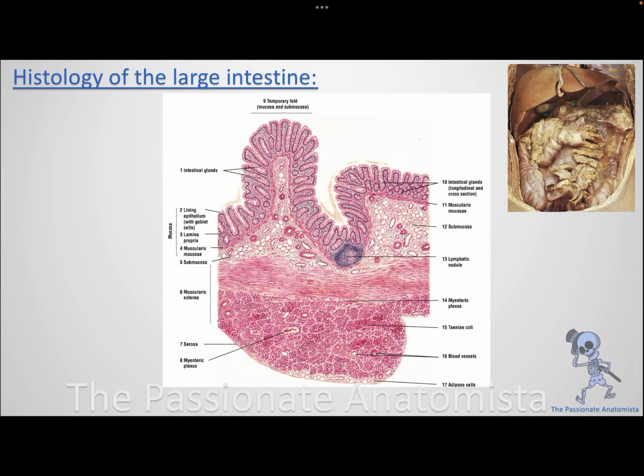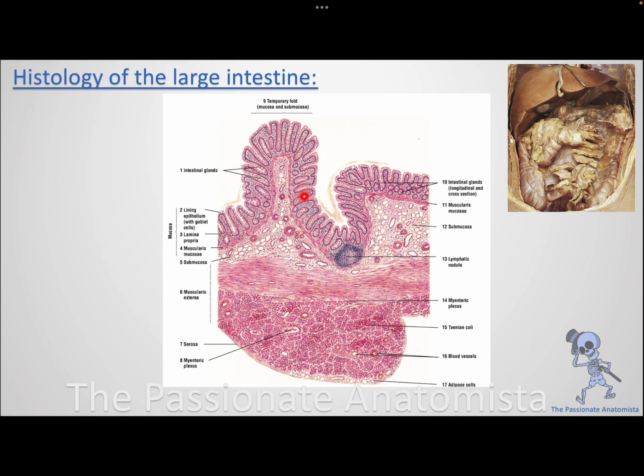Let's get back to low magnification. Here again you have foldings of submucosa. If you have a core of submucosa, these are the plicae circulares, the folds of the submucosa, and also you have mucosal folds, and these will give you the large intestinal glands themselves.